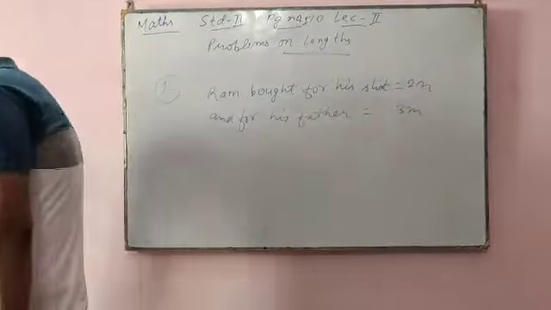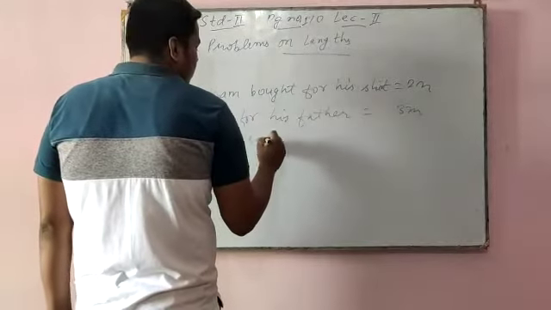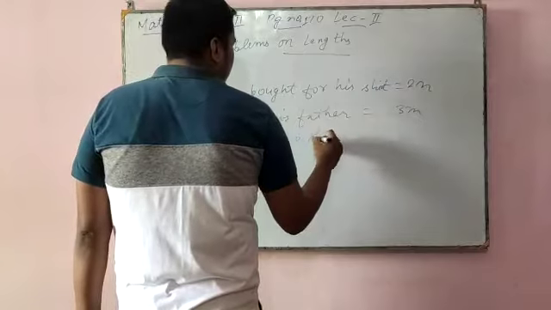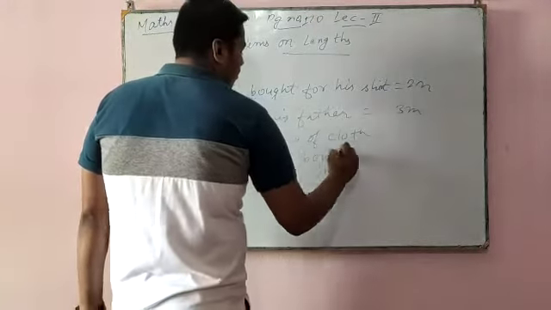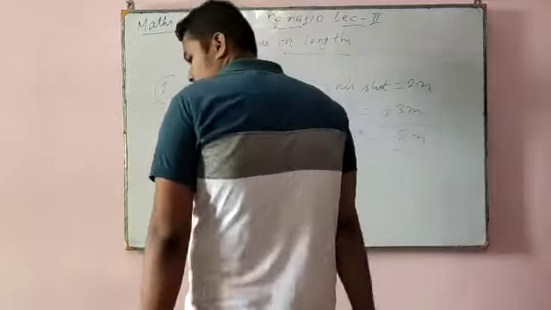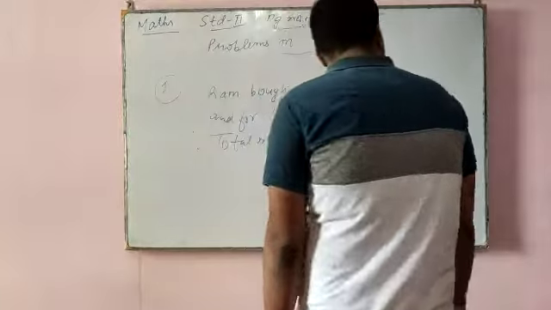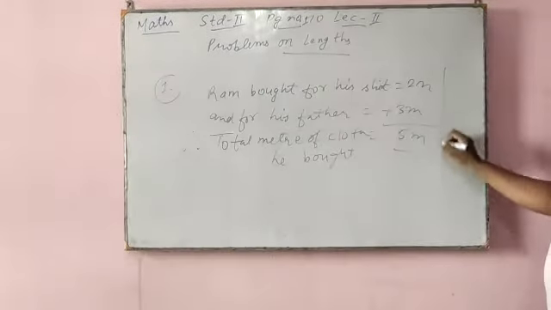So the question is, how much cloth did he buy? So the total meter of cloth he bought is 2 plus 3, 5 meter. So when you solve this in your copy, you have to solve it this way.